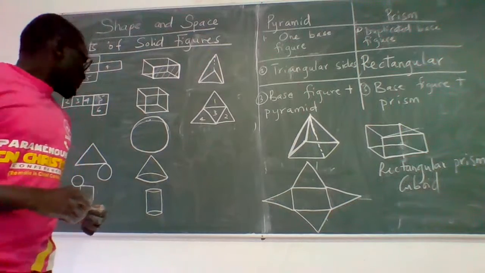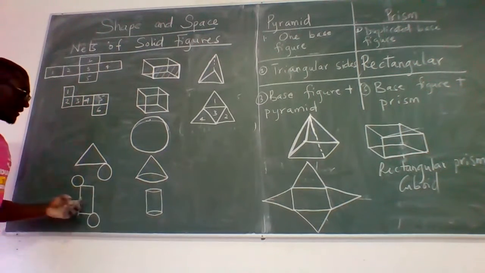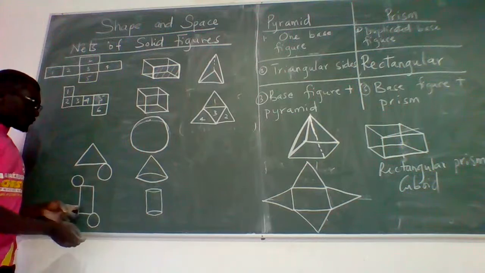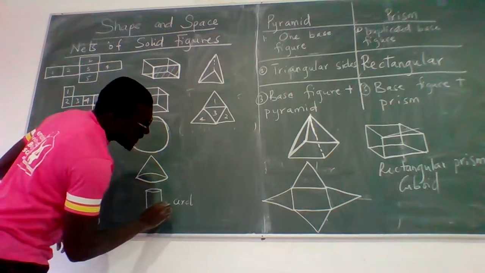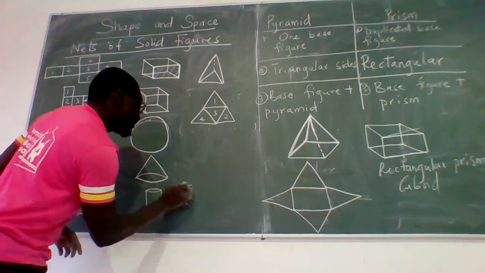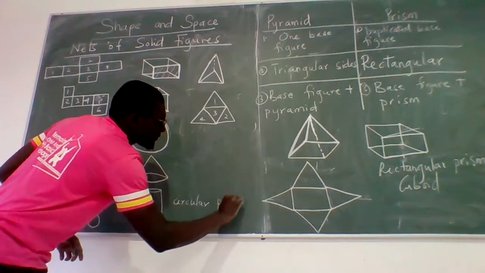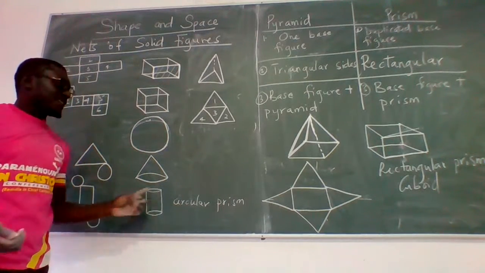Okay. You can see that when we open up this cylinder, this side is a rectangle. So it means that the cylinder can also be called a circular prism, because its surrounding is a rectangle.